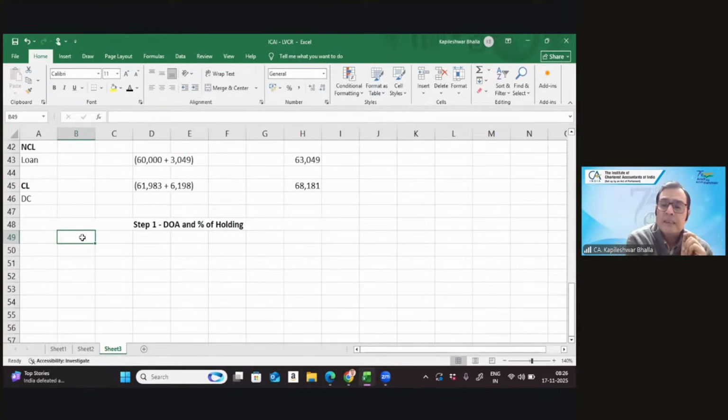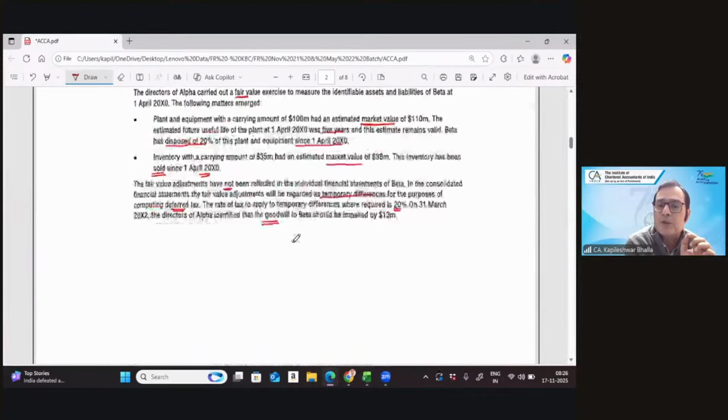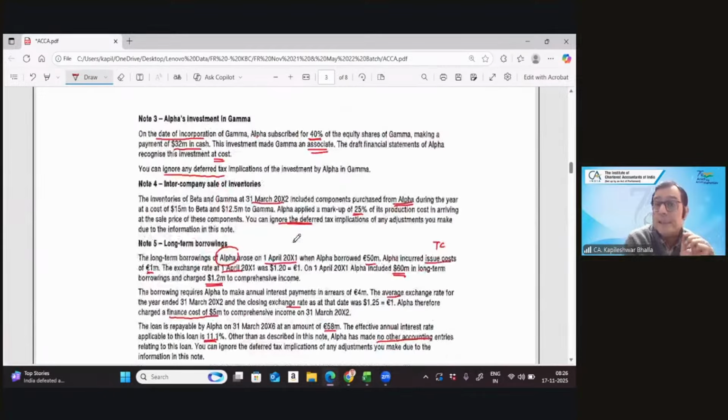But the best part and the safe part in this particular question is if you go to note number 3, it says that the investment in Gamma is done on the date of incorporation. Since this investment is done on the date of incorporation, all the profits are post-acquisition in nature. And if the profits are post-acquisition, I am saved the trouble of doing any analysis.